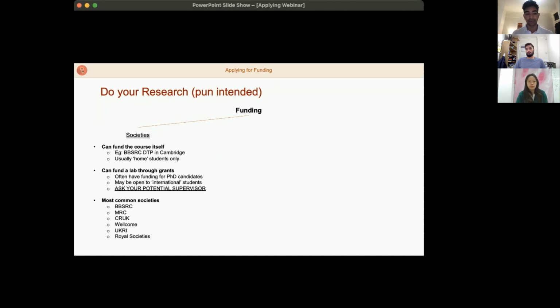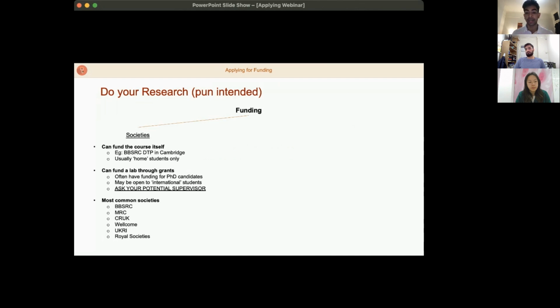Some of the ones people may have heard of are CRUK, so Cancer Research UK, and the Wellcome Trust, which give out huge amounts of money for different types of research. There are other funded courses as well called 1+3 programs, where it's four years and you get a master's and a PhD along with it, and they're usually funded by societies as well.